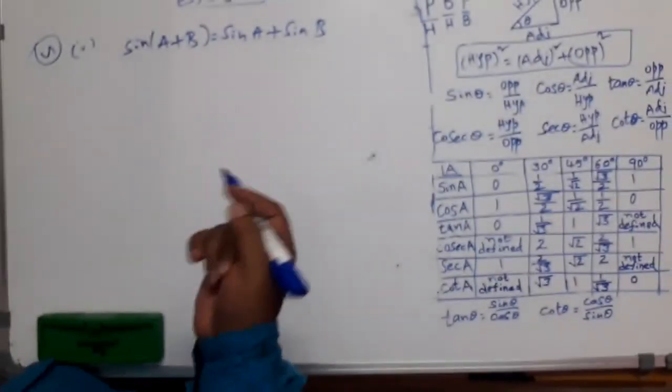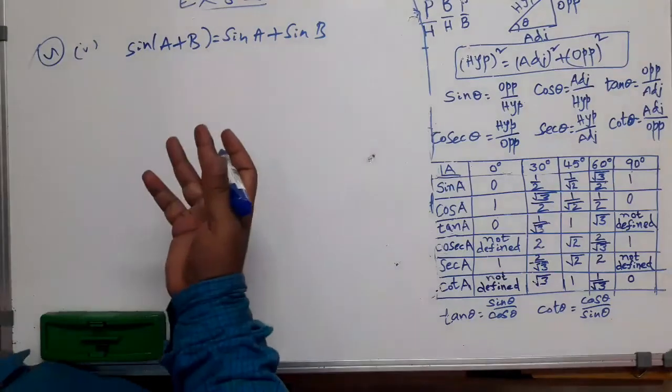If the relation is false, how can you show that? See, if in one particular case we can show that this is false, you can say that this does not hold good. This relation is false, you can say.